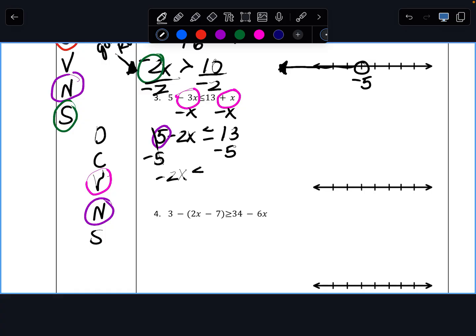It's less than or equal to 8. Remember, when I am... what did I do?